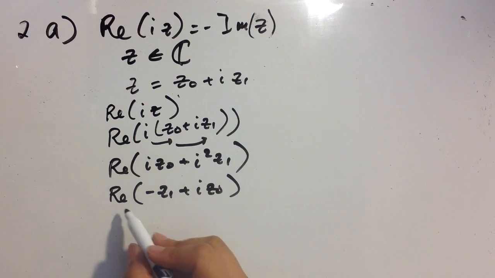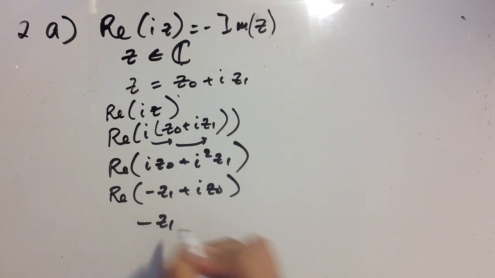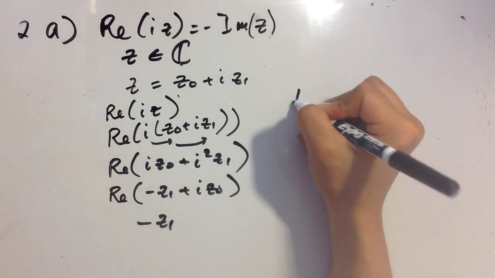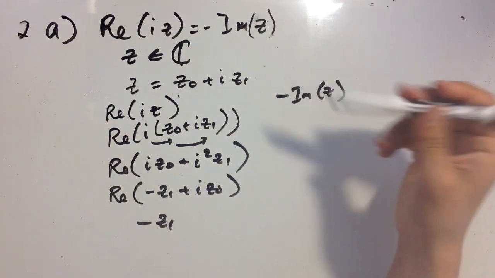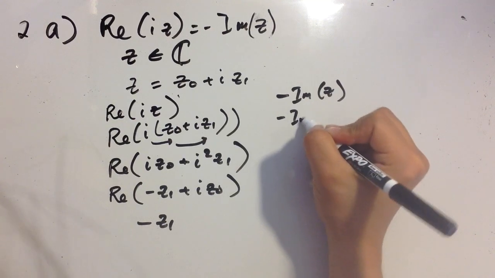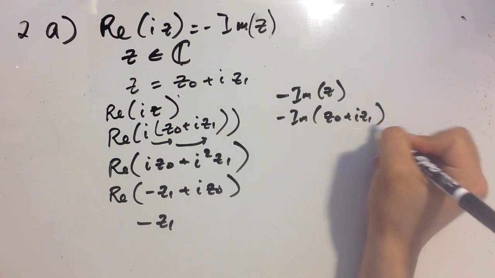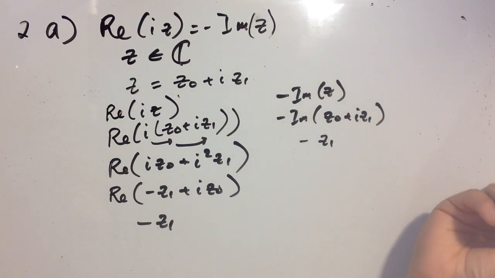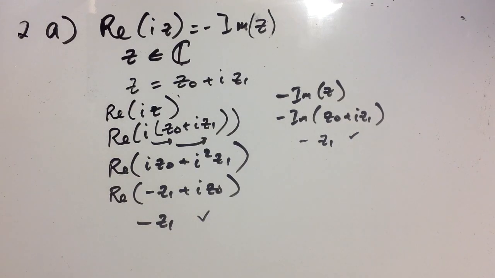And the real part of this number is going to be minus z1. The other side, the imaginary part of z, is just going to be the imaginary part of z0 plus i z1, which is precisely z1. So we get that this is equal to minus z1. So both sides are equal to each other, so we have proved the relation.